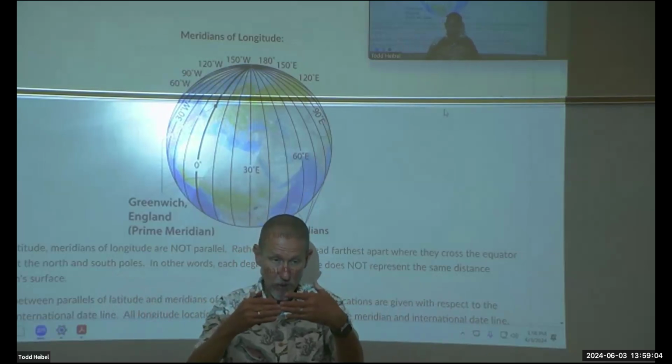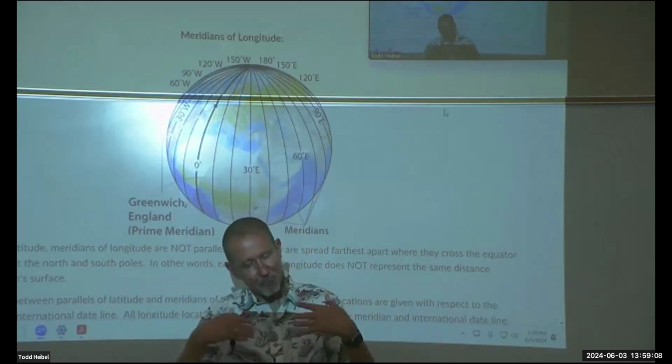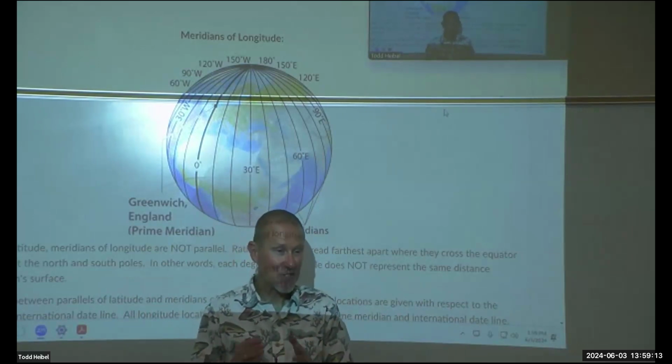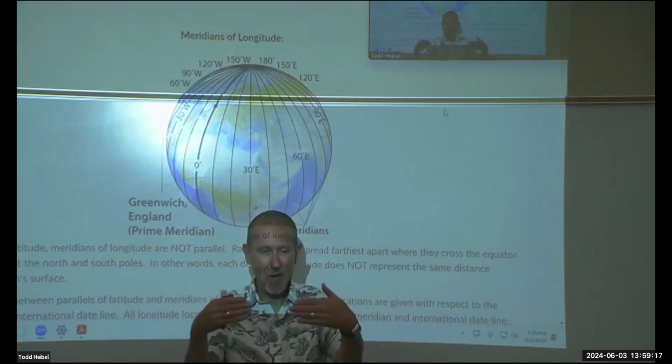And that means like scores of people lost their lives, or were horribly injured. So we don't want that happening. So to avoid that, we come up with standard time zones.